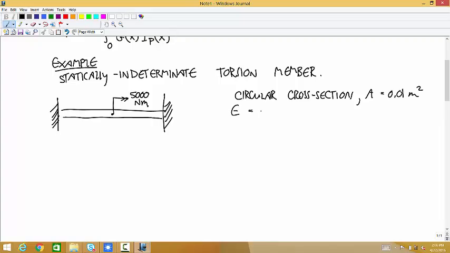And Young's modulus is 200 times 10 to the 9th, and the Poisson's ratio is 0.25. The whole thing is half a meter long, and this is happening at the midpoint. And we want to know what are the reactions.